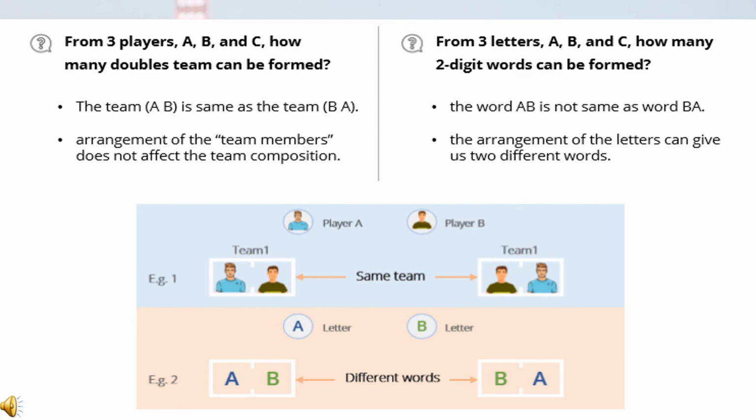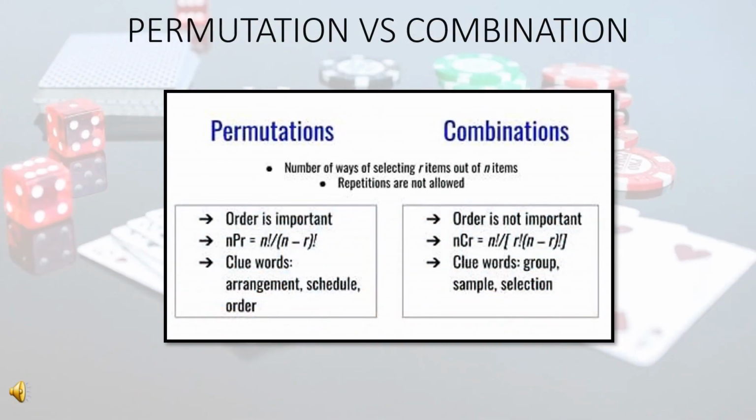Now besides this, some other clues are also there by which we can decide whether we should go for combination or permutation. Here are some clues which will help you to identify a permutation problem or a combination problem. In permutation order is important, in combination order is not important.